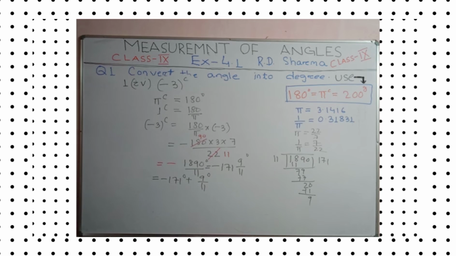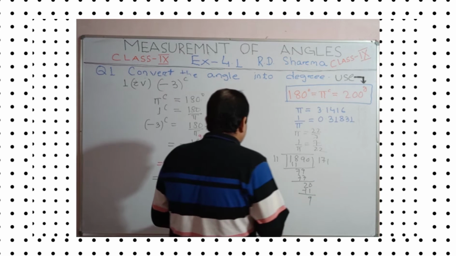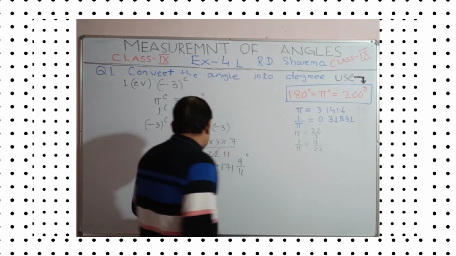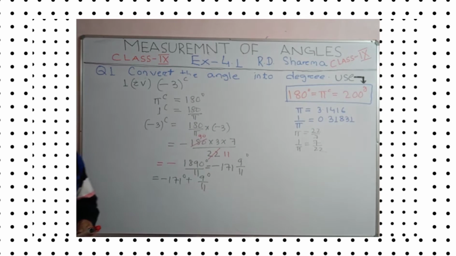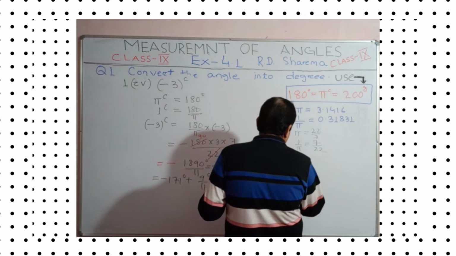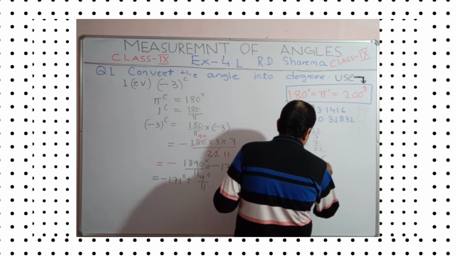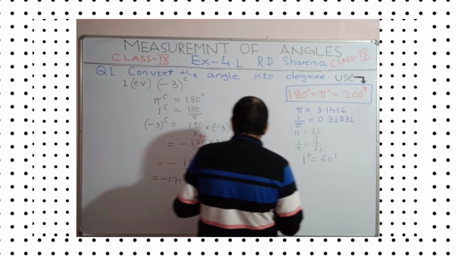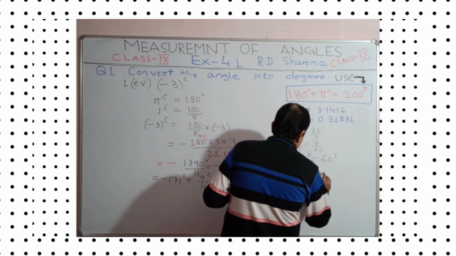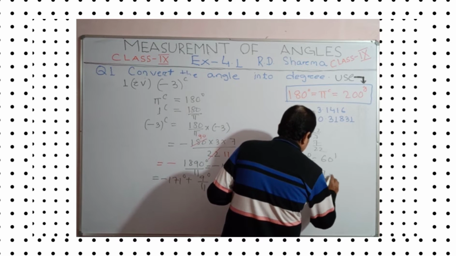So here you have to convert the angle into degree, minute and second. Because 9 by 11 degree, can you convert 9 by 11 degree into minute? And already you know 1 degree is how much? 1 degree is equal to how much? 60 minutes. Yes or no? So 9 by 11 degree is equal to 9 by 11 into 60.